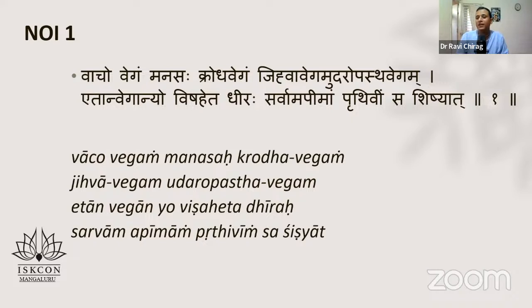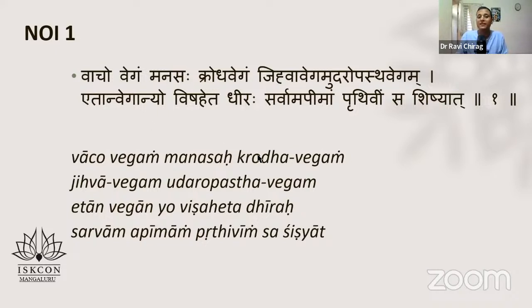A person who can control all these six urges can make the whole earth his disciple. That is so powerful. Srila Rupa Goswami is saying that a person who has the power to control these six urges can make disciples over the whole earth.